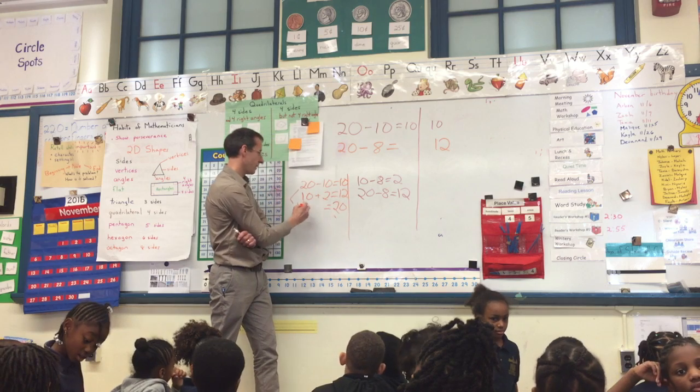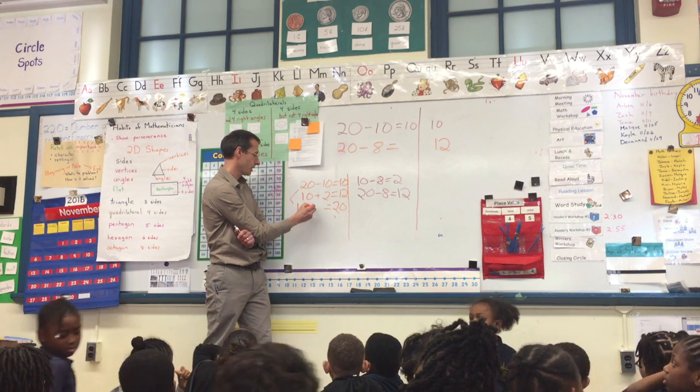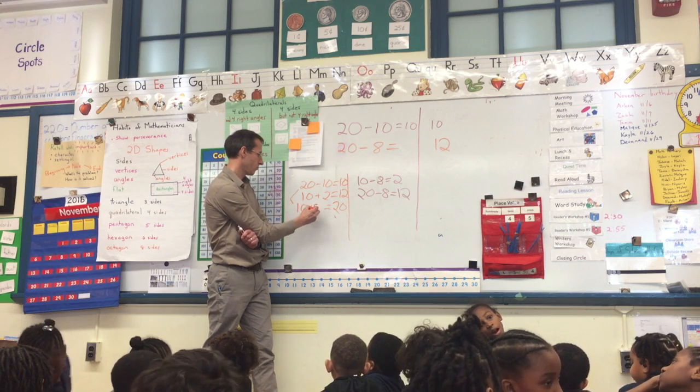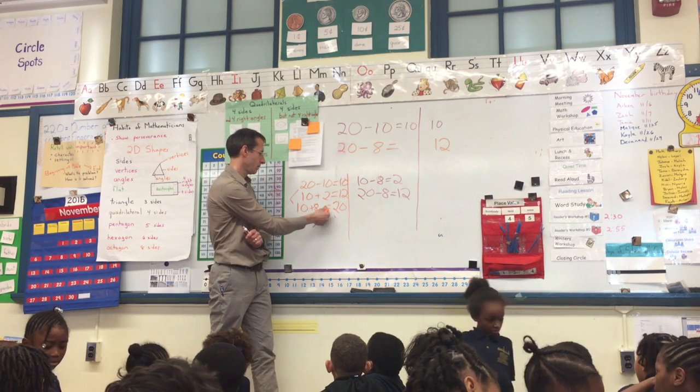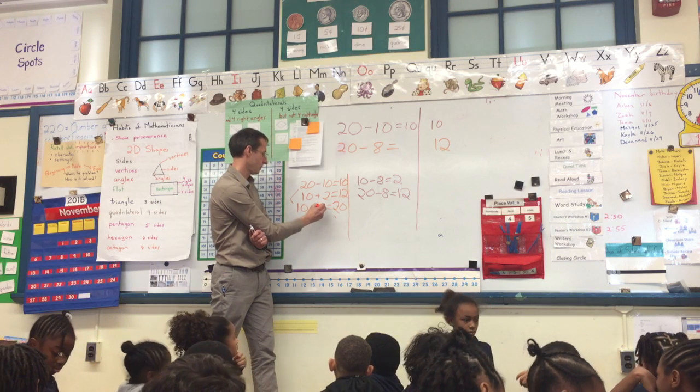Okay, so here's what she's saying. If you had 10 and you wanted to make 20, you would add the 8, and then you could add the 2 because I know 8 plus 2 equals 10.